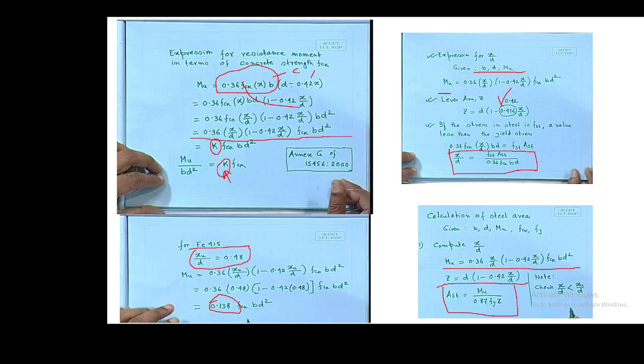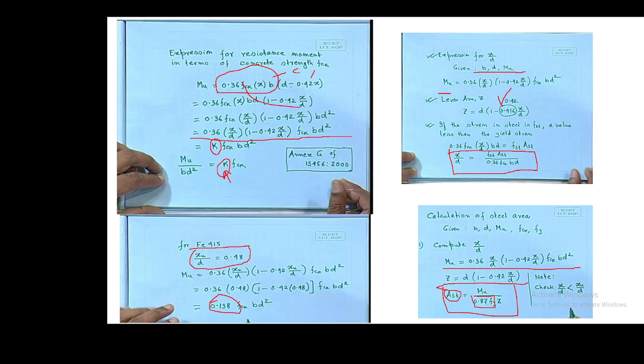by dividing by 0.87 Fy into Z. So as I said, if you take this 0.87 Fy into AST, it's like T, this value. And if you multiply AST here, let's say 0.87 if you take at the left hand side, it's like T. So T into lever arm will always give you MU.